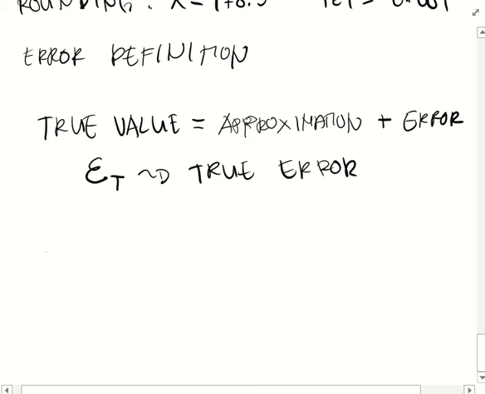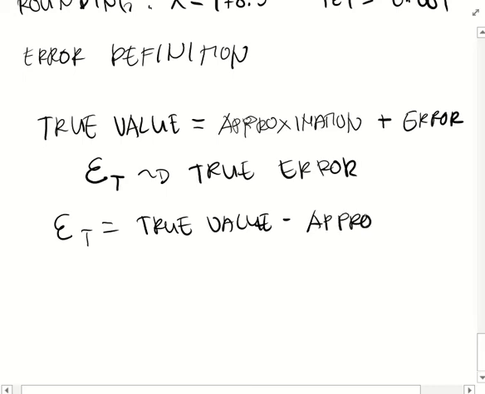So how do we solve for the true error? The true error will be equal to the true value minus the approximation. The difference between these two, we call the true error.